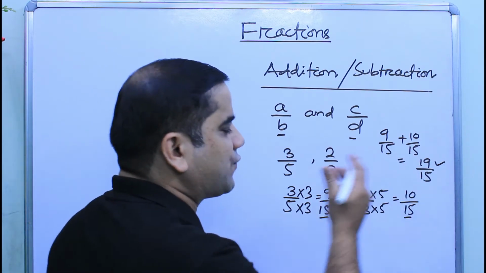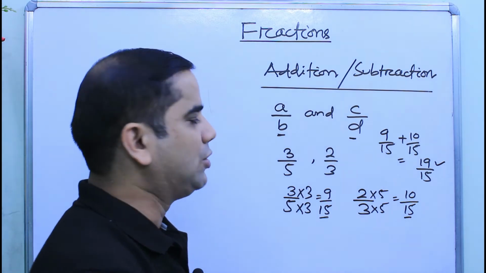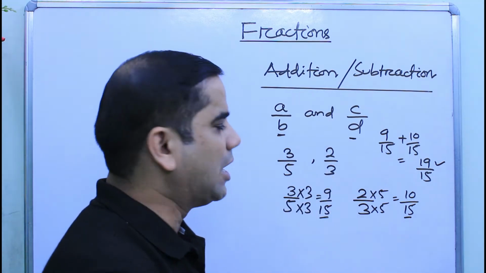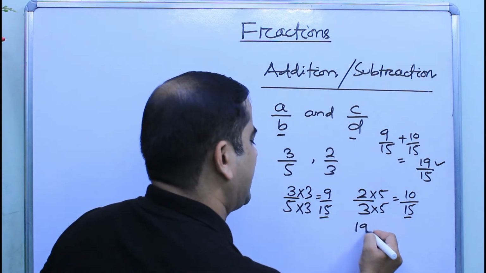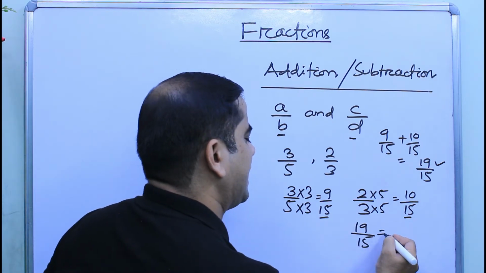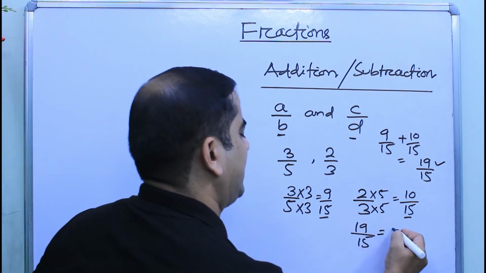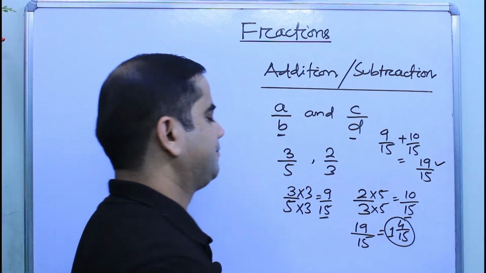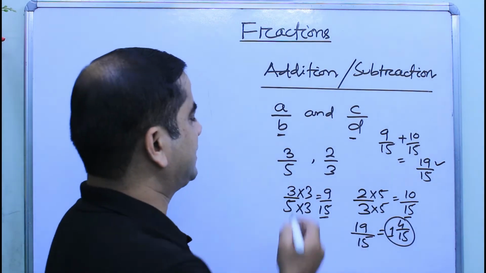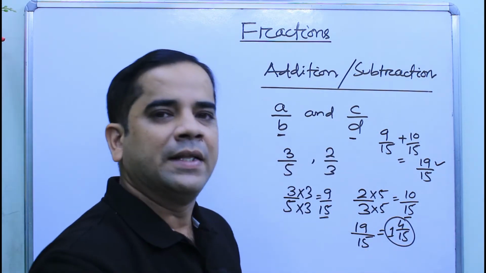Whenever we have such fractions, we need to convert them into a mixed fraction. Converting 19 by 15 into a mixed fraction gives me 1 whole 4 by 15. This is the sum of the fractions 3 by 5 and 2 by 3.